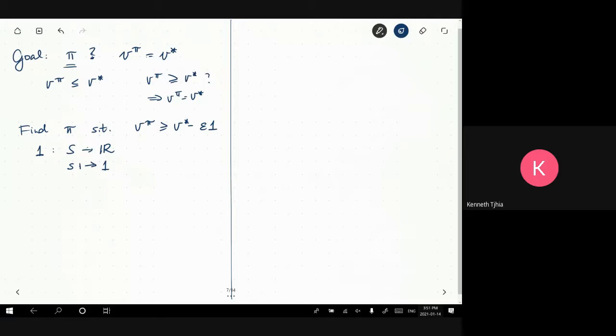So that's just the constant 1 function. This allows me nice arithmetic, like subtracting epsilon from every value, which can be written in this compact manner. These shortcuts are going to be quite useful because we're going to save a lot on writing. So a policy that satisfies this is called an epsilon optimal policy.